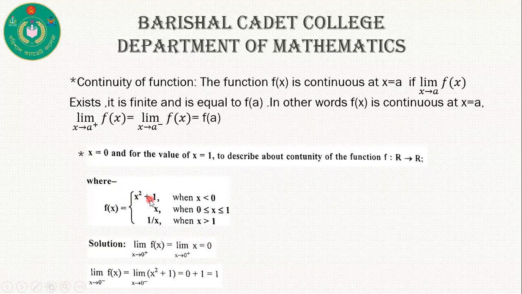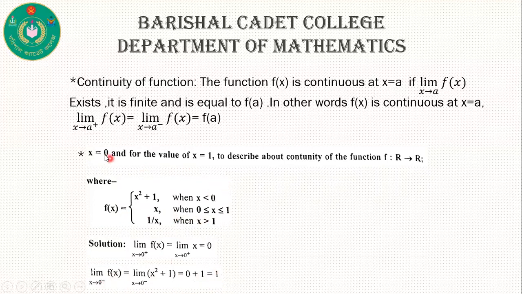Now here we put f of x is equal to x square plus 1, because x tends to 0 minus. That's why we are putting x square plus 1. Now putting the value 0 here, limit x tends to 0 minus f of x is equal to 1.